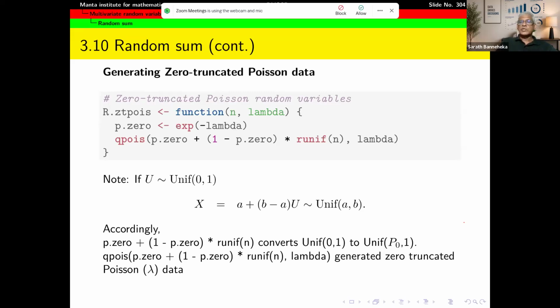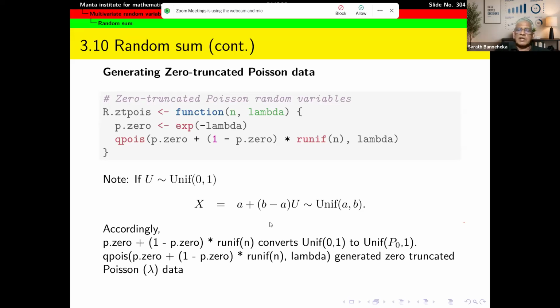What I do here is, first of all, I consider some uniform random numbers and treat them as probabilities. Standard uniform random numbers are between 0 and 1, so they can be considered as random probabilities also.